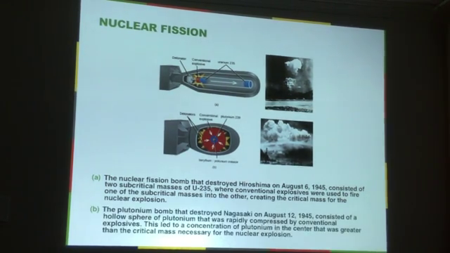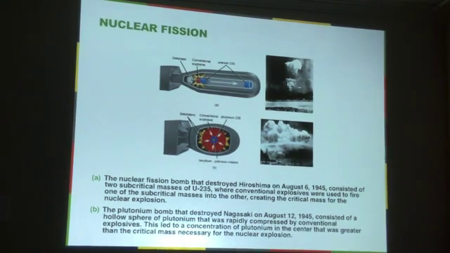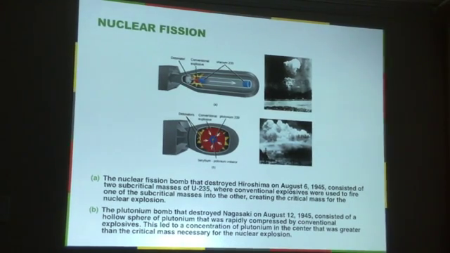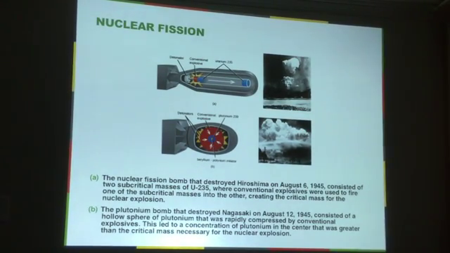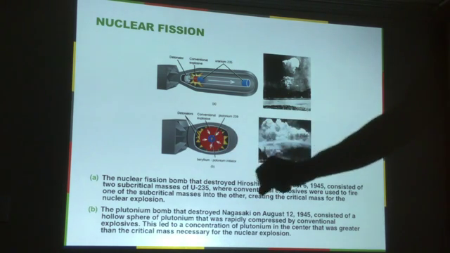The second device was made out of plutonium. The plutonium device consisted of a sphere of plutonium that was hollow in the middle.